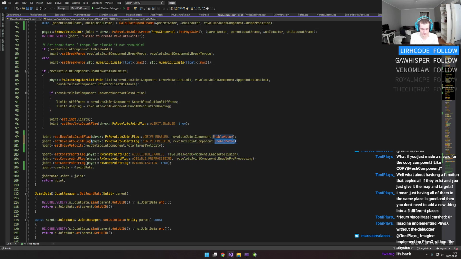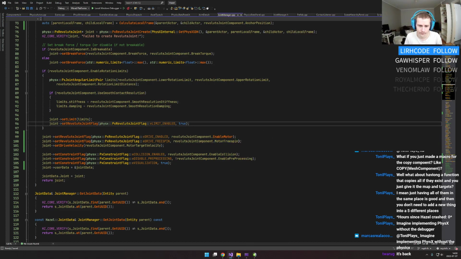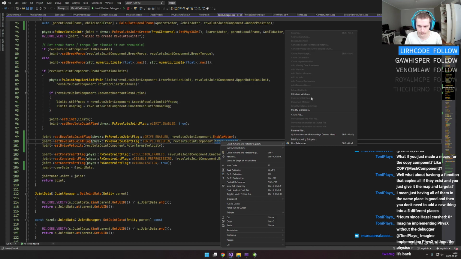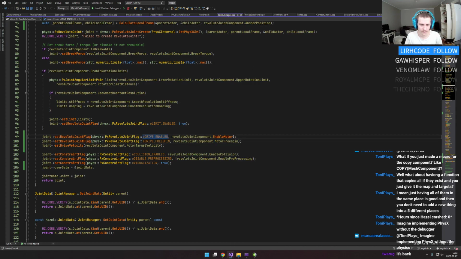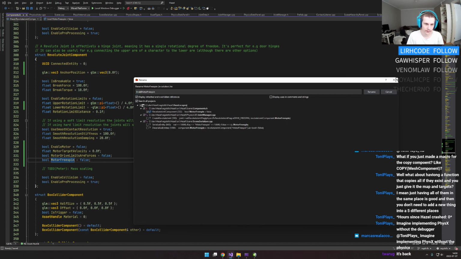Pre-spin. Maybe it should be enable motor pre-spin. I think it should be. Why won't it let me do the renaming? What? Okay, here it will let me do that. Enable motor free spin. Yes.